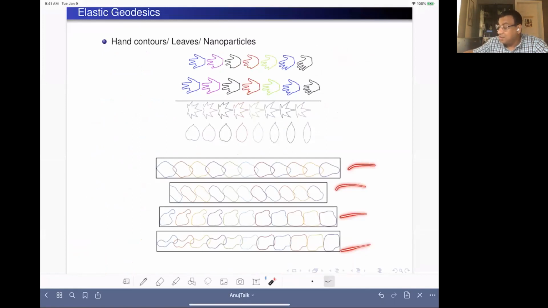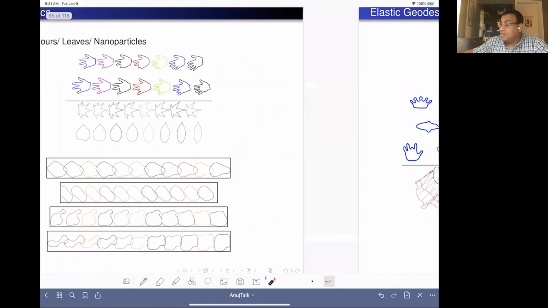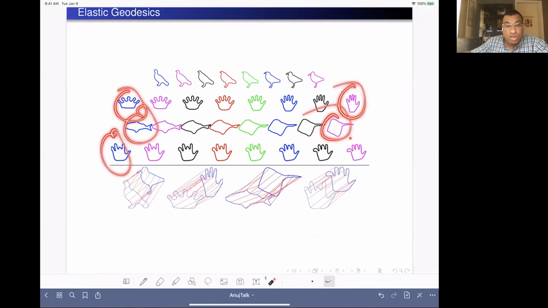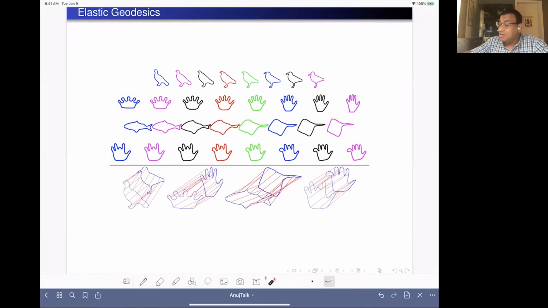These are some examples with nanoparticles. These are some examples with shapes of a bird with another bird, a crown with a hand, a fish with another fish, and this hand with this hand. So not only do we get, in this mechanism, a geodesic which tells us how to deform this shape into that shape, we can calculate the length of the geodesic, which tells us the difference or the distance between the two shapes.